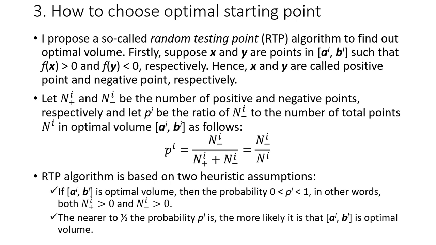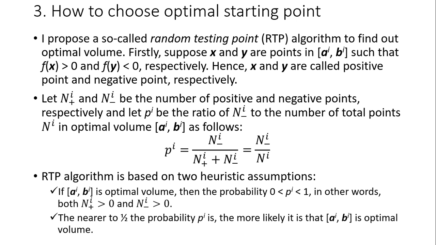Hence, S and Y are called positive bond and negative bond respectively. Let n positive I and n negative I be the number of positive and negative bonds respectively, and let Bi be the ratio of n negative I to the number of total bonds.